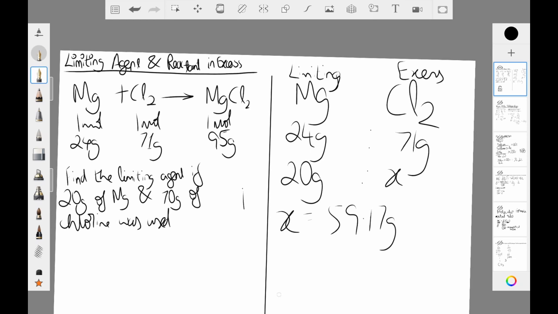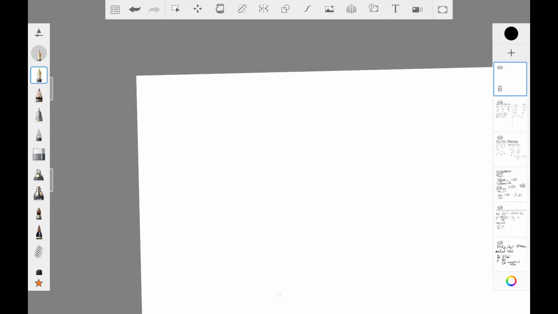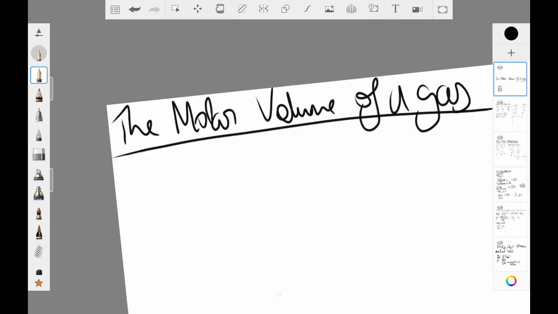And now we come on to the last two topics that fall under stoichiometry. The first one of them being the molar volume of a gas. Now, the molar volume of a gas is just the volume occupied by 1 mole of a gas.